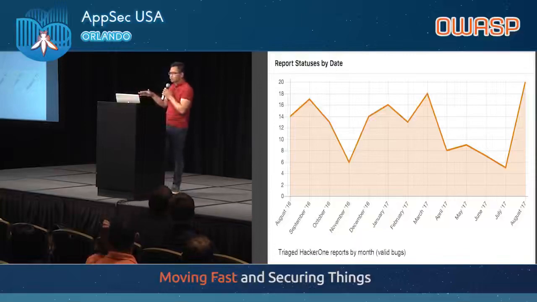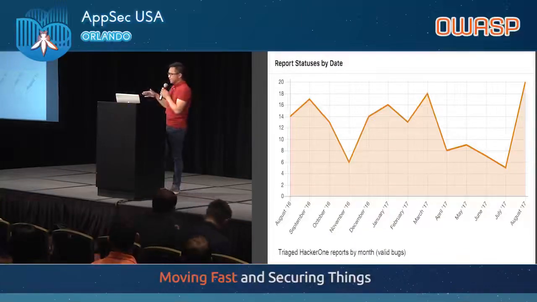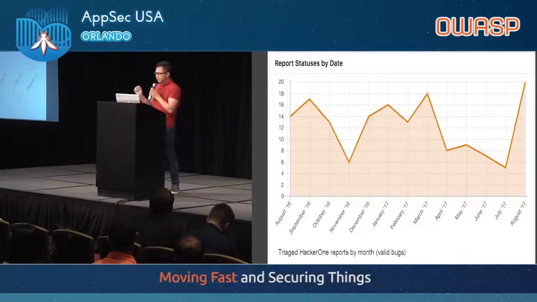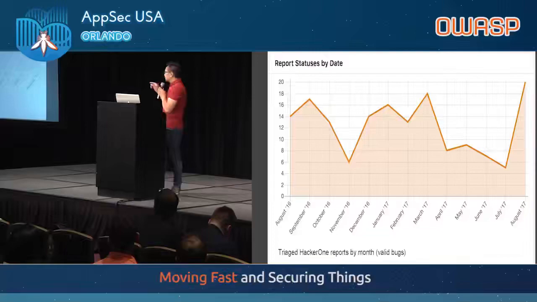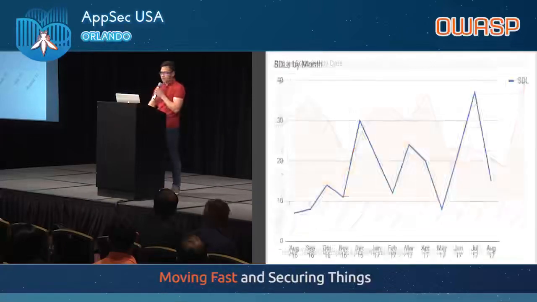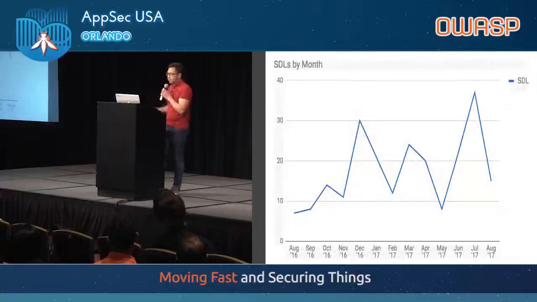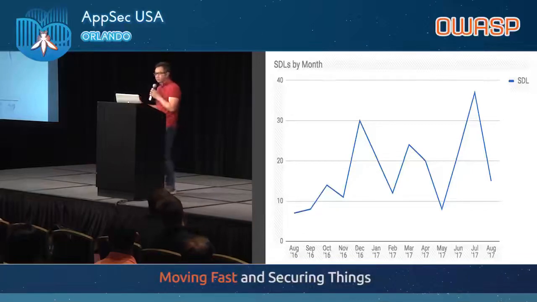This is the number of bugs that we received. It's almost flat, but if we draw a trend line, which will be shown on the next slide, it's actually going downwards. And this is the graph based on the number of SDLs that got submitted through our process.